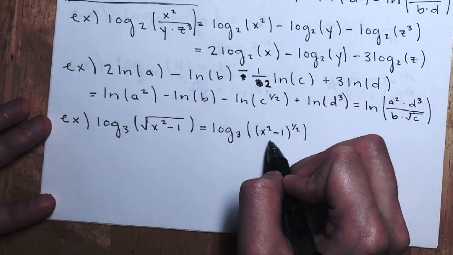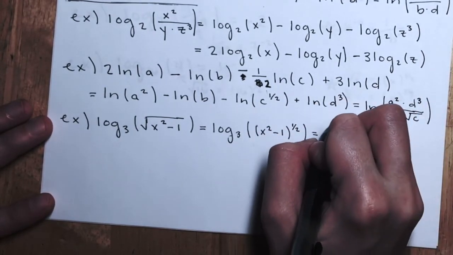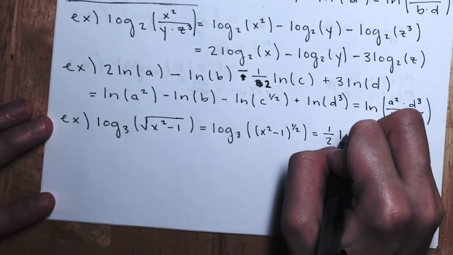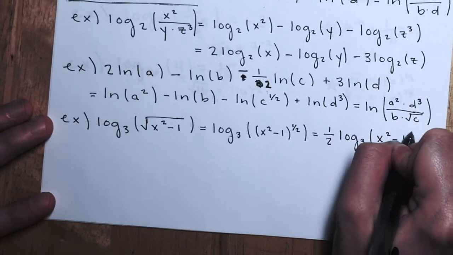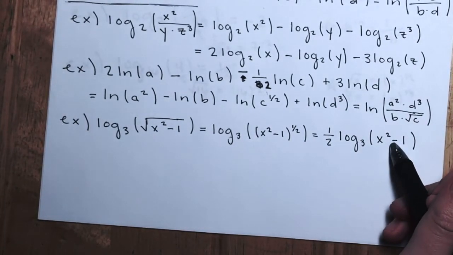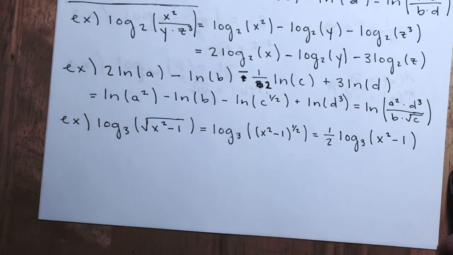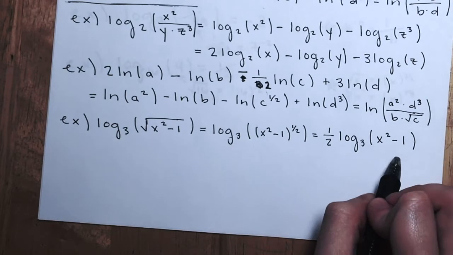Power rule says since everything in here is raised to the 1/2, we can bring it out front. All right, we've got subtraction inside. Can we turn that into multiplication outside? No, we cannot.